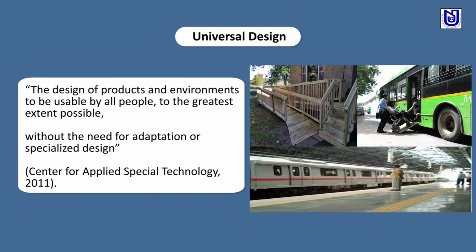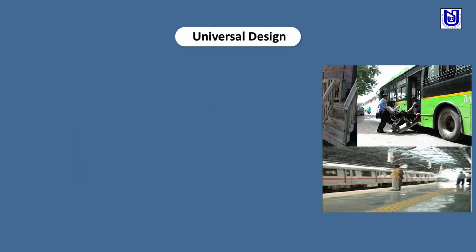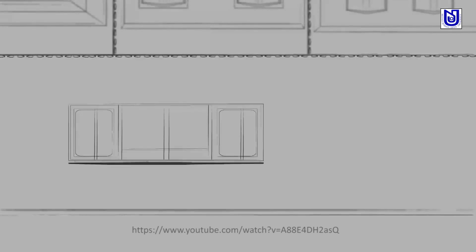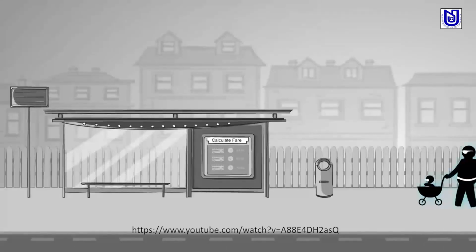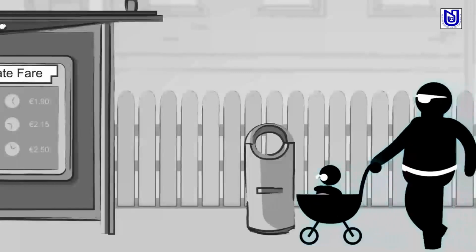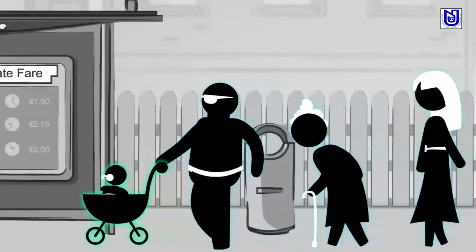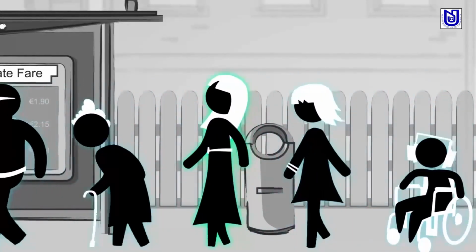It's not a special requirement for the benefit of persons with disability, but for anyone it is accessible, usable, convenient and a pleasure to use. It is the proactive design of products and physical environments to make them accessible by as many individuals as feasible, without requiring any adaptation or specialized design.